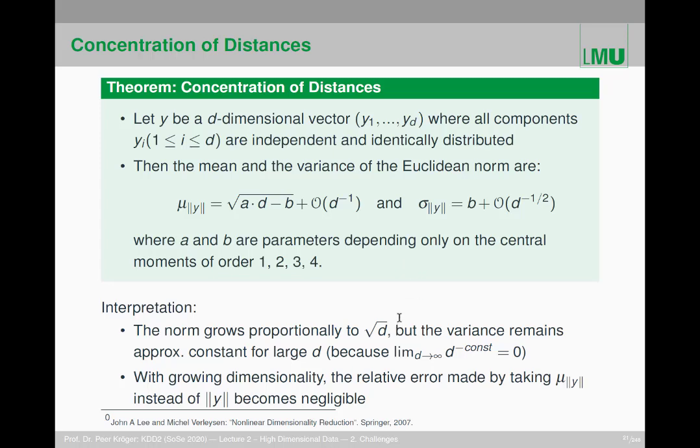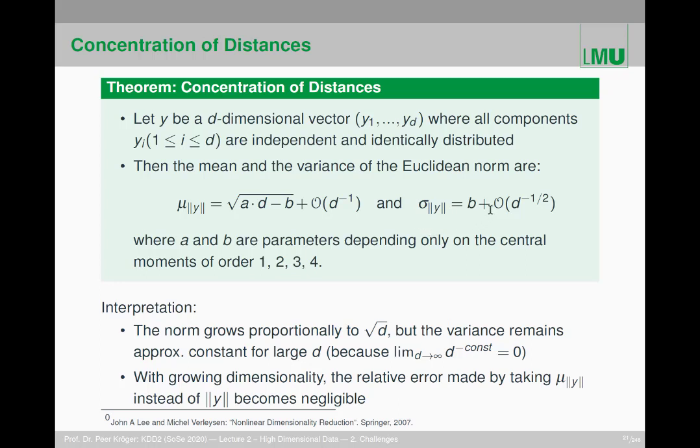Well, it tells us that the norm grows proportionally to the square root of d. But the variance remains approximately constant.